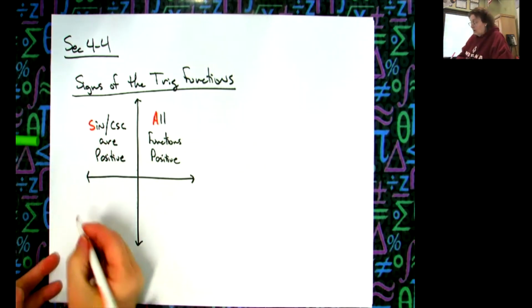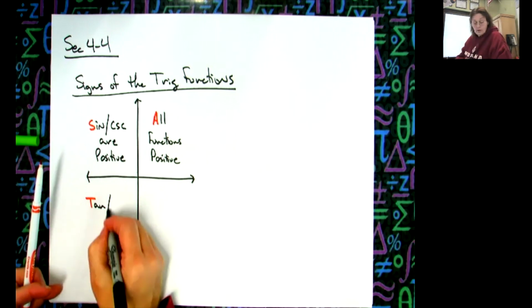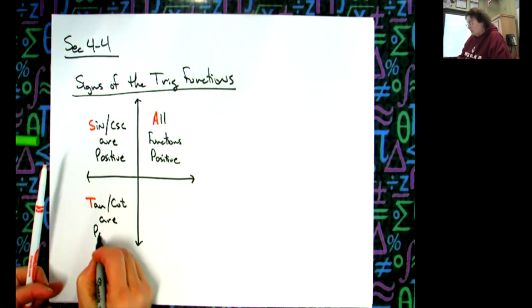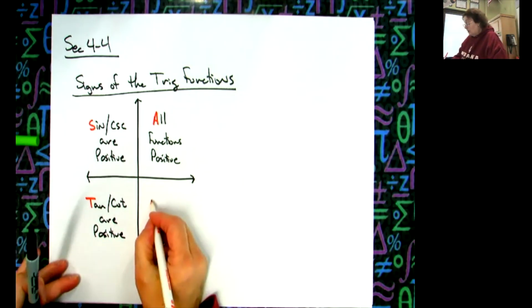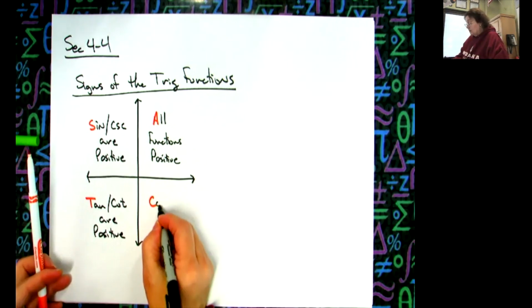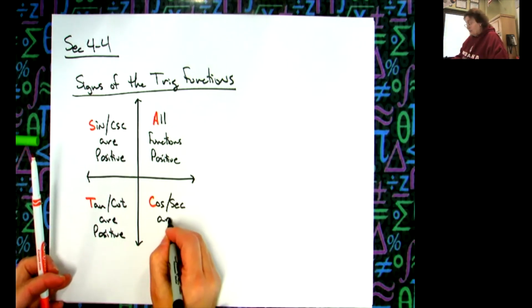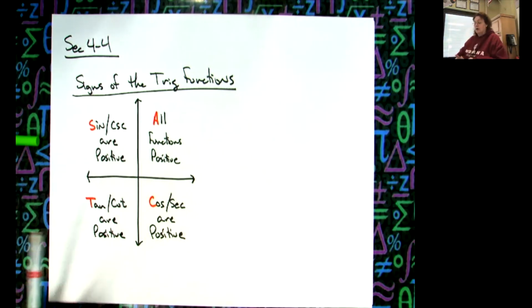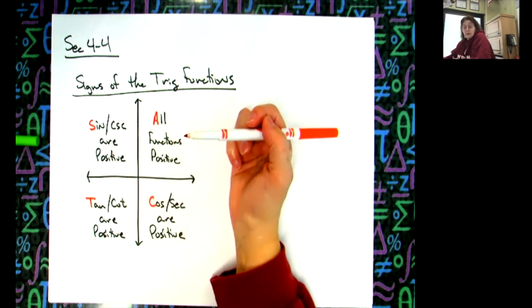Part of the mnemonic, I'm going to use the T in tangent, so tangent and cotangent are positive in the third quadrant. And part of the mnemonic, I'm going to use the C in cosine, because cosine and secant are positive in the fourth quadrant.